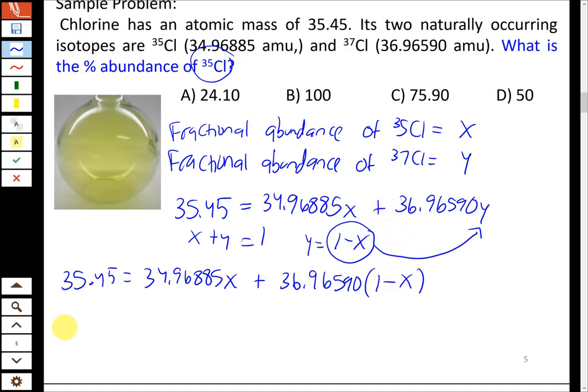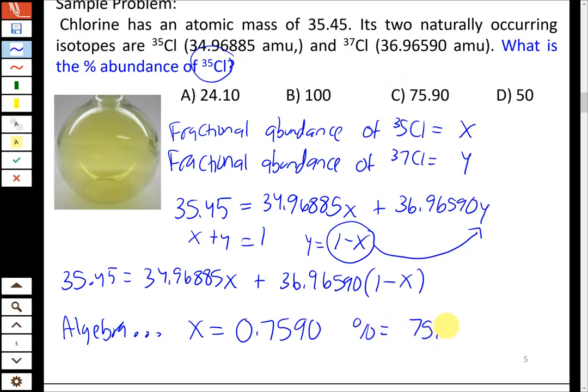I'm going to save some time and just use the algebra machine to do the rest, and say that what we get is x is equal to 0.7590, but we're asking for a percent abundance, so we multiply that by 100 to make it 75.90. And that matches up with choice C.